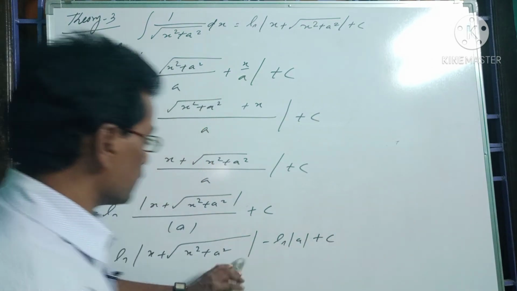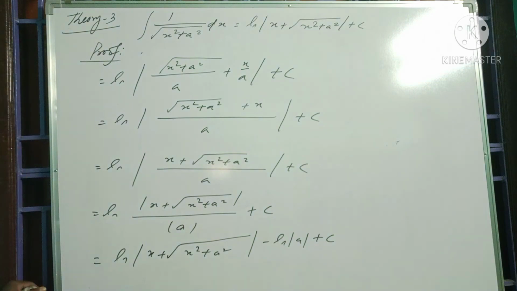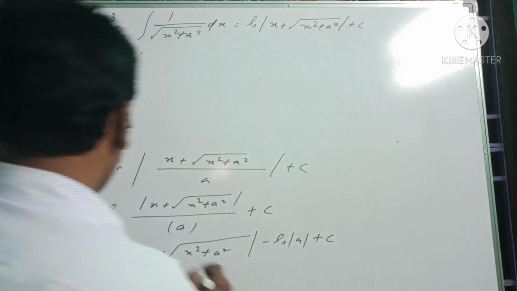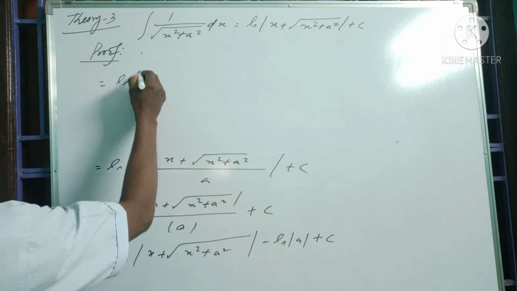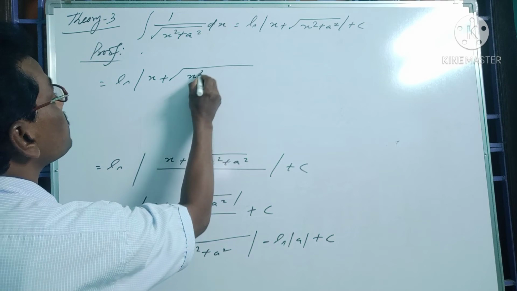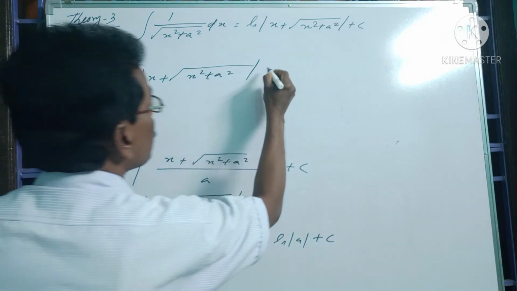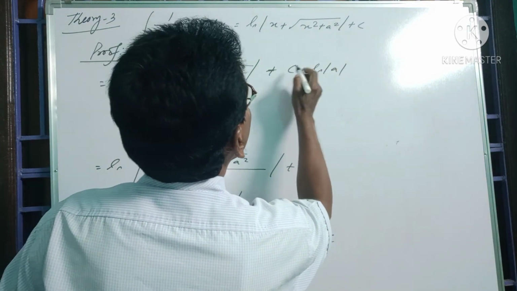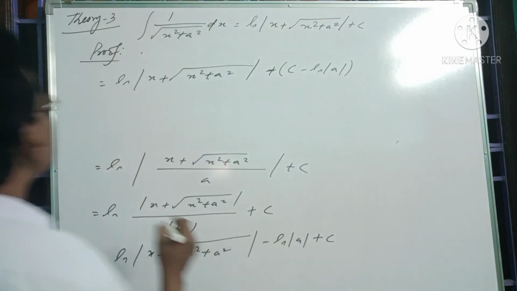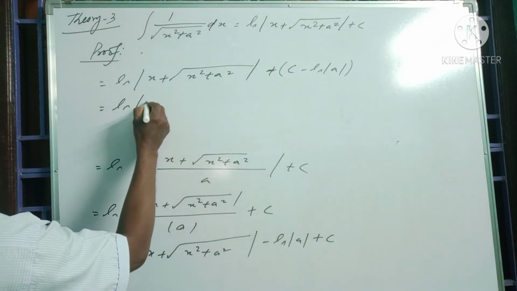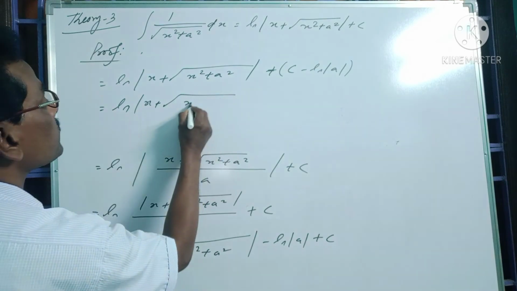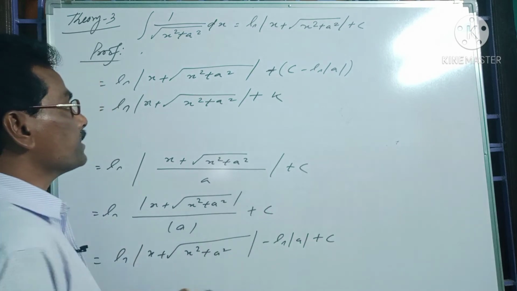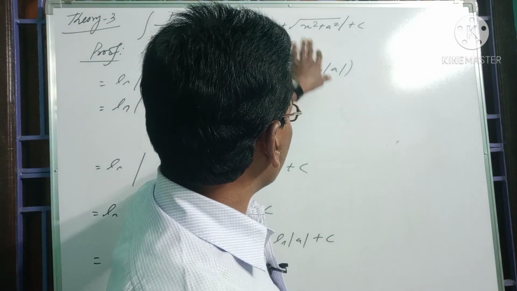Again simplifying, we have ln of mod of x plus root over of x square plus a square, mod, plus c minus ln of mod of a, where c minus ln of mod a is a constant. So finally it will give us ln of mod of x plus root over of x square plus a square, mod, plus k, where k is the final constant of integration in place of c minus ln of mod a.